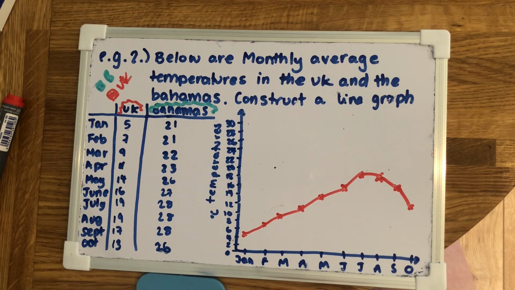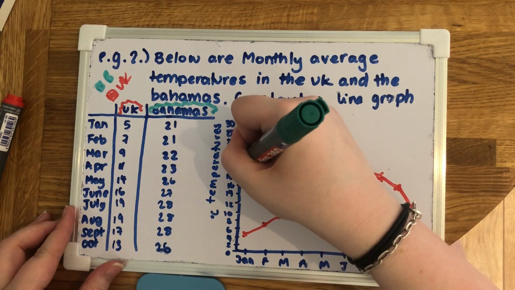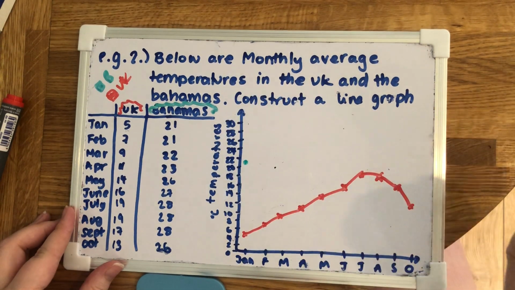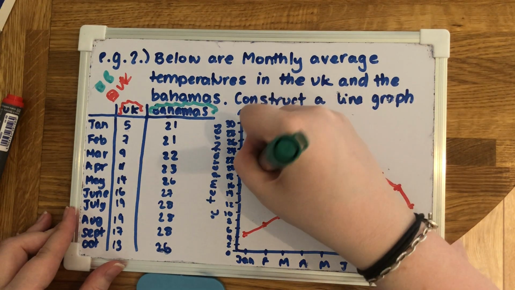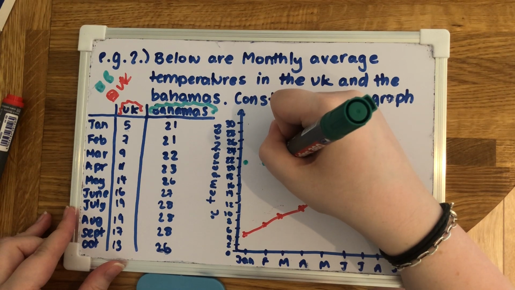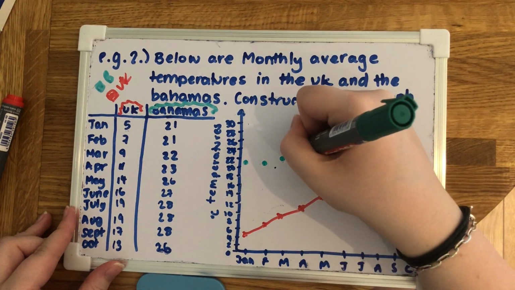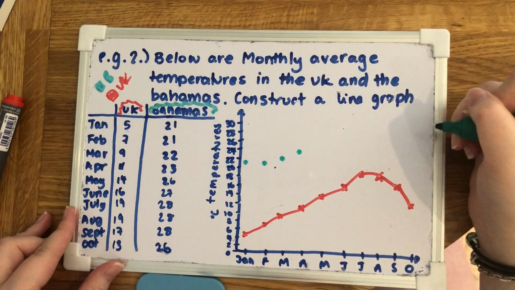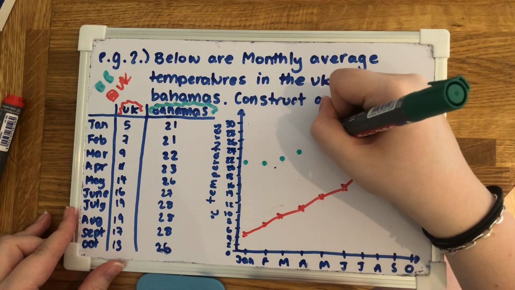Now we're going to start with the Bahamas. So again, exactly the same thing. January was 21. I'm going to do dots this time. February 21. March 22. April 23. May 26.